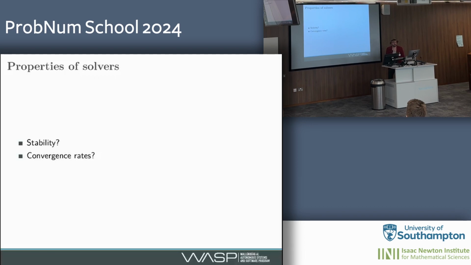And we might also want some sort of convergence rate. What does convergence mean? Well, it basically means that if we pick enough time points within our interval, the error we're making becomes smaller. So that means we can increase the amount of compute we use to get better estimates.